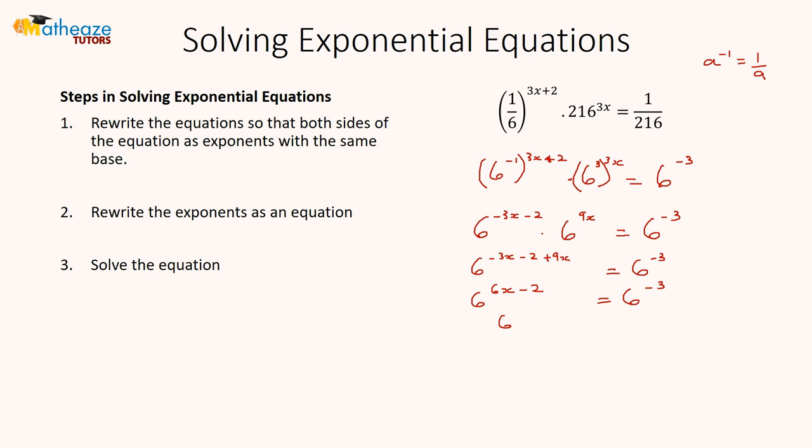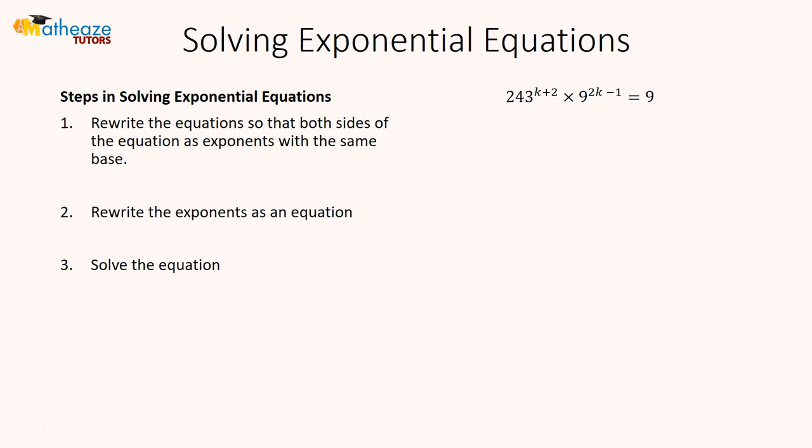So now we have 6x minus 2 equal to negative 3. First we add 2 on both sides. So 6x equal to negative 1. We divide by 6. So x is negative 1 over 6. That's the solution to this equation.